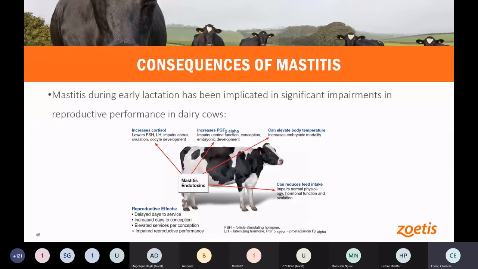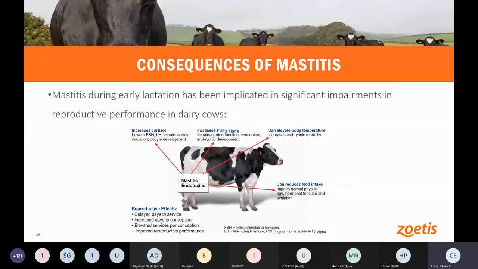Okay, so the consequences of mastitis. There are many long-lasting consequences of mastitis, and that's why we try and prevent it as much as possible. I'm just going to touch on a few here. There's more than what I've put into this presentation. Reproduction is one of them. Okay, so as you can see there, it can increase levels, which then lowers your follicle stimulating hormone, your luteinizing hormone.